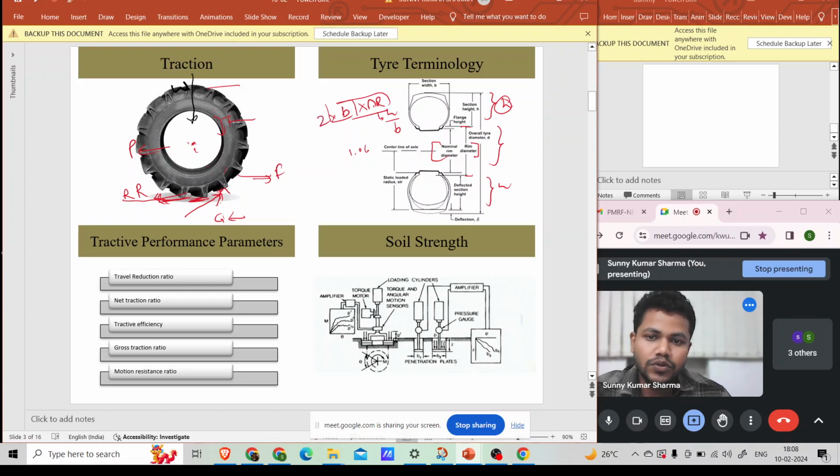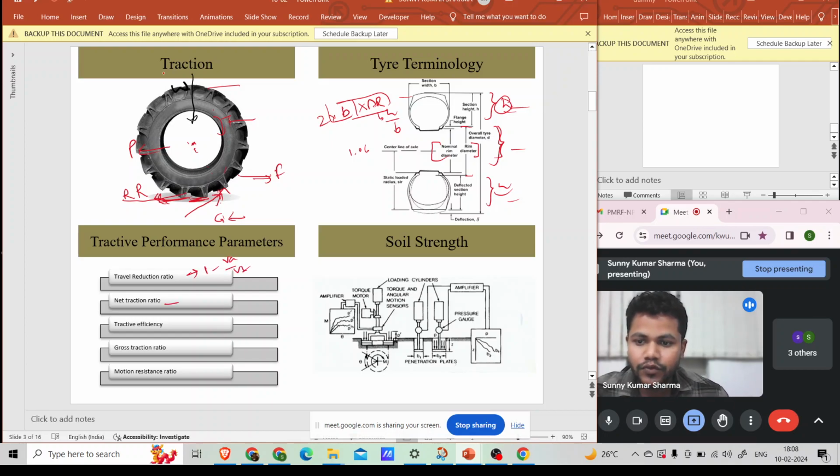This we multiply with 2, so that this height and this height we will add, and this rim diameter, we will add all 1, 2 and this 3, and we will get overall diameter of the wheel. Third thing we discussed was travel reduction ratio, which is nothing but slip, expressed as 1 minus VA by VT.